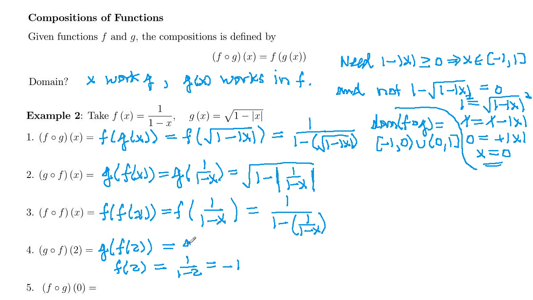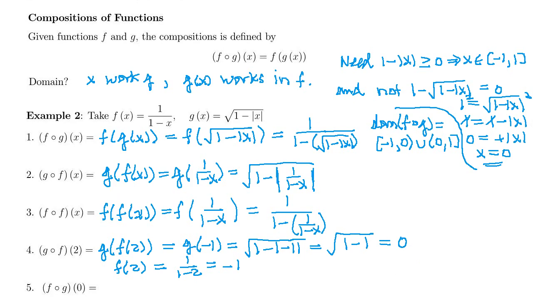So this is really g plug in negative 1. And then we're plugging that negative 1 in here. So this would be root 1 minus absolute value of negative 1, and the absolute value of negative 1 is 1. So that's 1 minus 1 under the square root. That's root 0, which is 0.